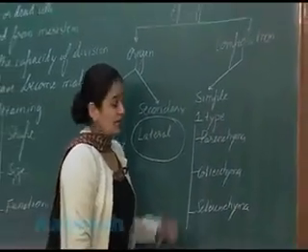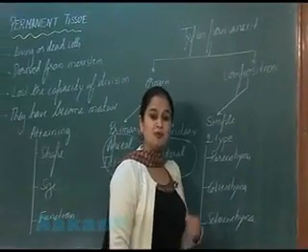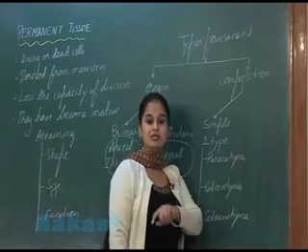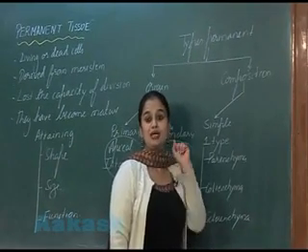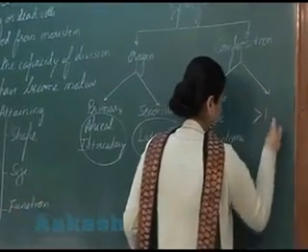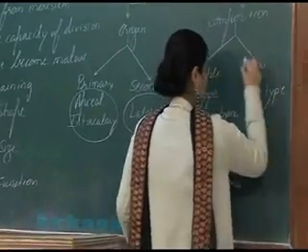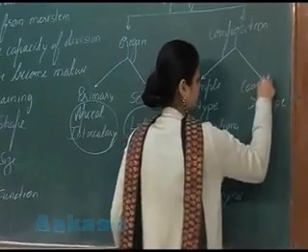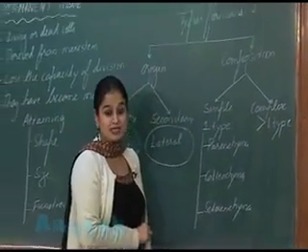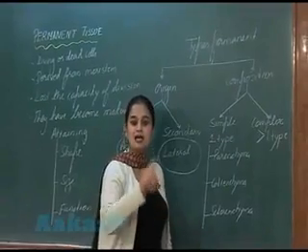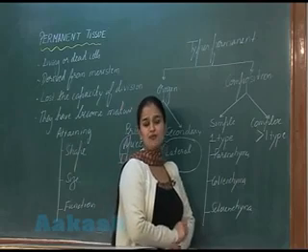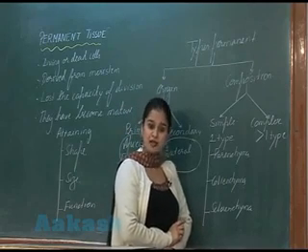Right? If in the tissue there is presence of more than one cell type, then this type of permanent tissue is known as complex type. एक से ज्यादा cell type present होंगे, then this is known as complex permanent tissue. More than one cell type are present, but these cell types work as a unit. Yes, they are going to work as a unit to perform similar set of functions.